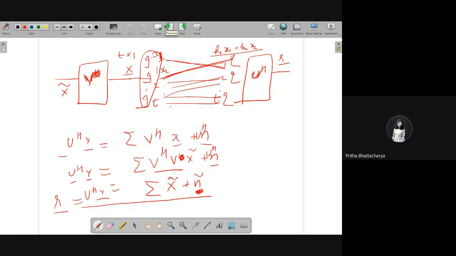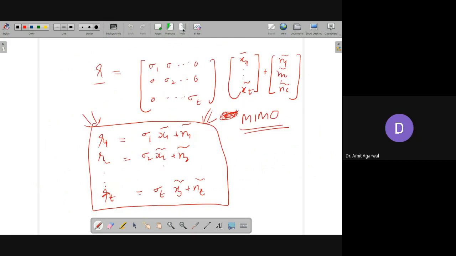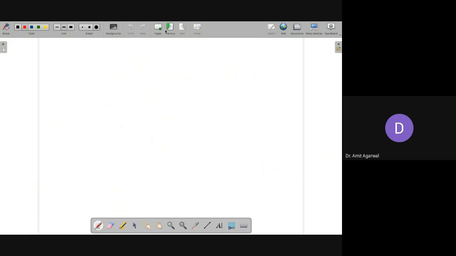Yes, sir, it is clear. Otherwise, you can take a simple example of a 2x2 MIMO setup.